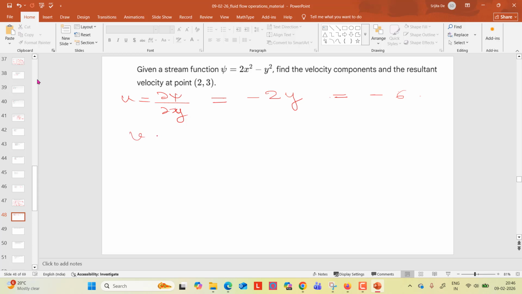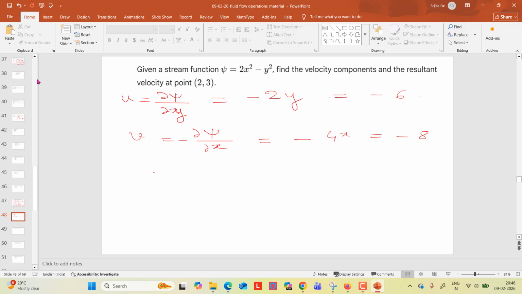V equals minus del psi del x equals minus 4x, which is 4 into 2, that is minus 8, right?